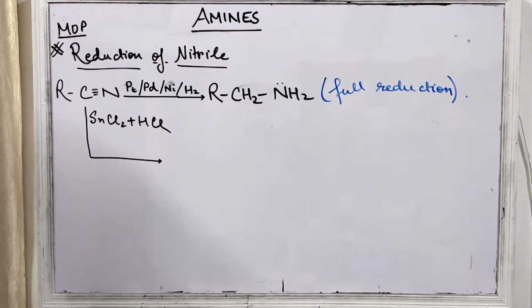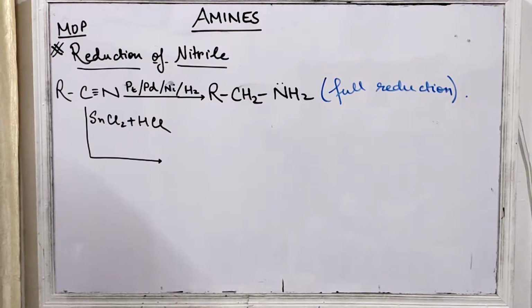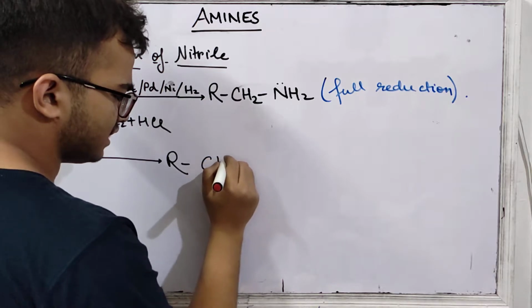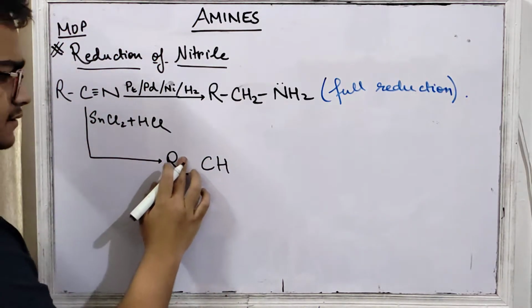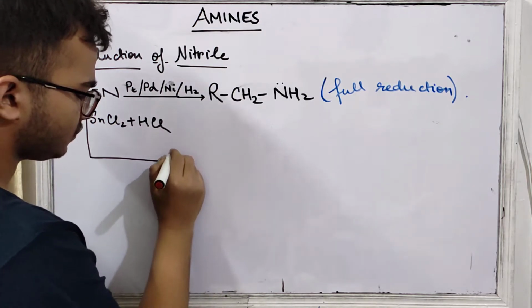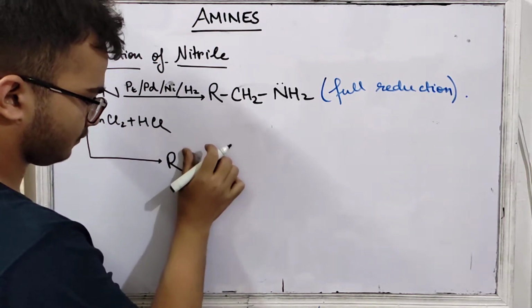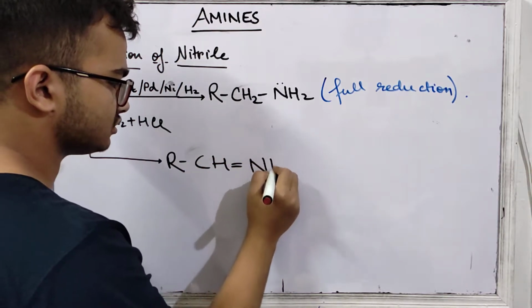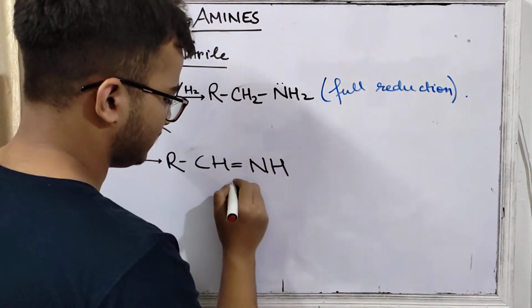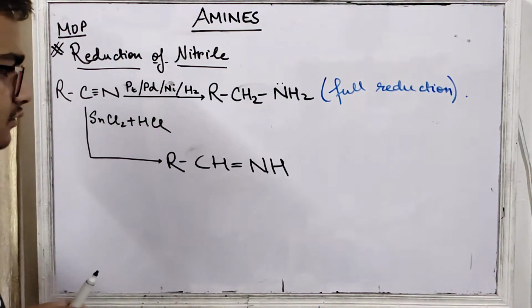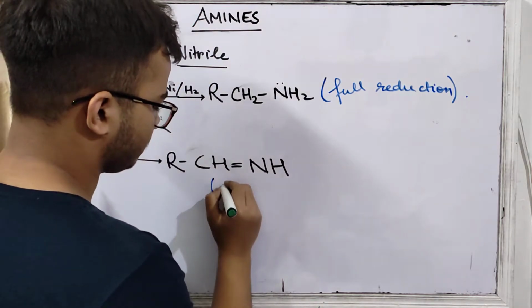I am sorry, not aldehyde, imine will be formed. You have to remember the structure, which is RCH double bonded NH. Let's write it with a different color. This is called imine.